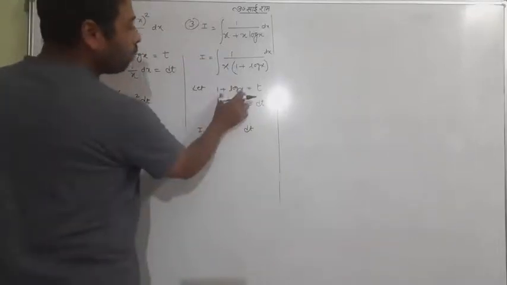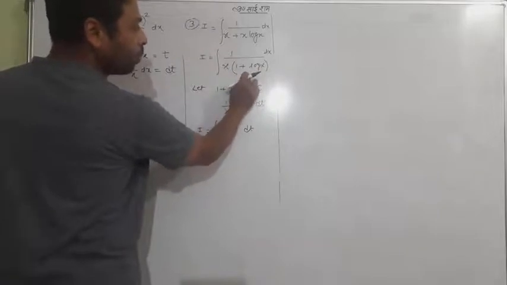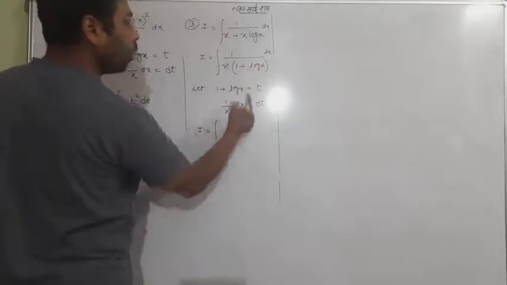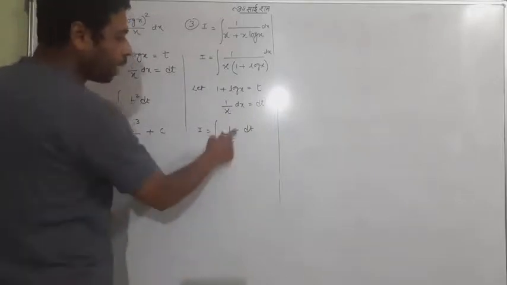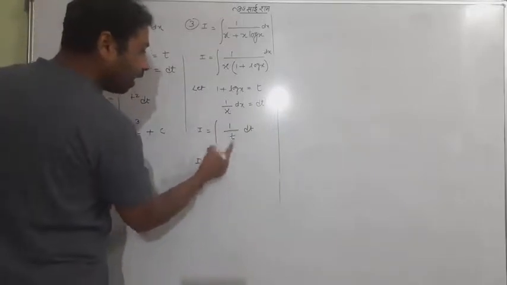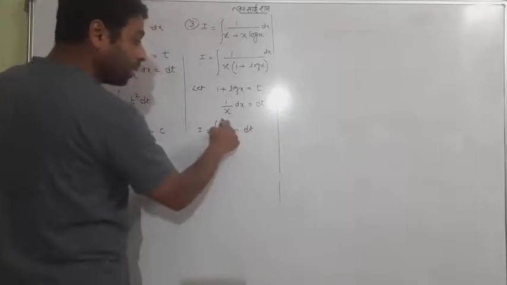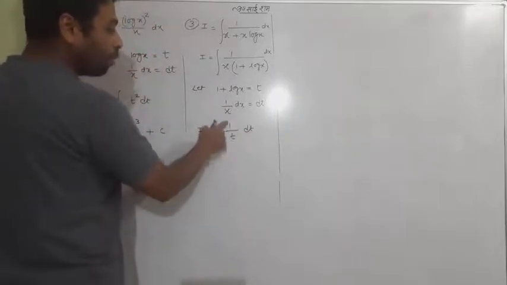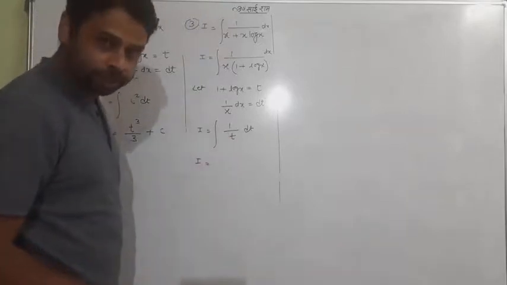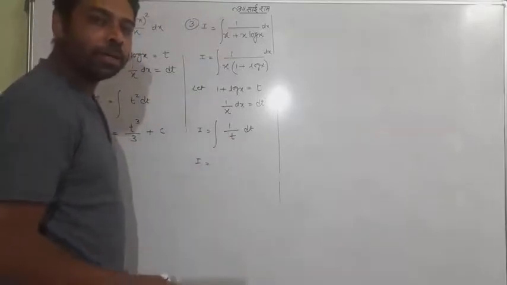Now we have 1 by x dx equal to dt, and 1 plus log x equal to t. So 1 plus log x is here in the denominator, so I'll write 1 upon t, and now 1 by t dt. Meaning, it is the integration with respect to t of which function? 1 by t. Like 1 by x has integration log x, so 1 by t has integration log t.